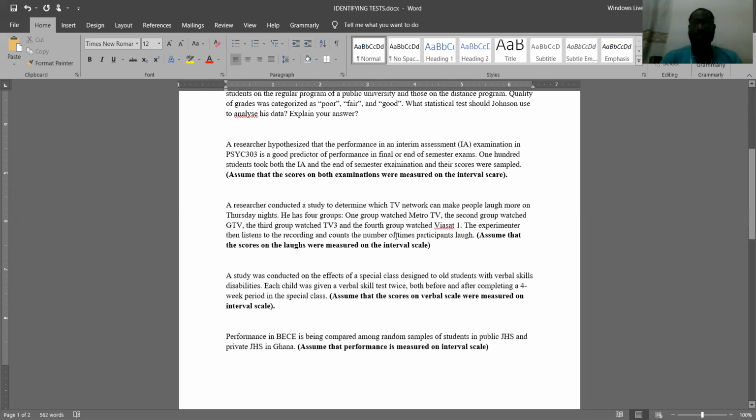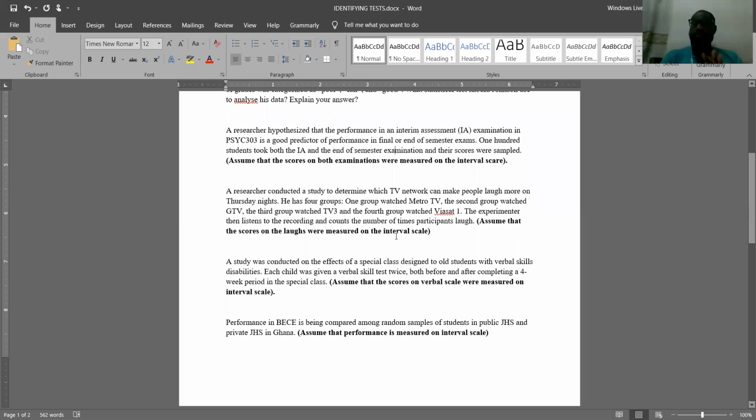Okay, so the next question. Within the next question, we have two main variables. Variable one is interim assessment examination. Then the next variable is the final exams. So they are comparing two variables and they want to find out how these two variables are related.